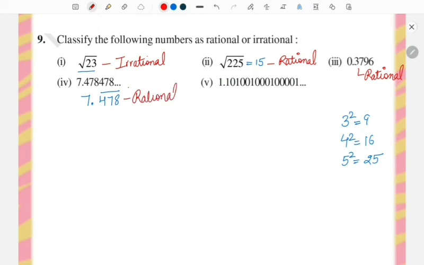So this is a rational number. Next we have 1.10100100. Can you see? Because there are dots, that means it is non-terminating. We have 10, then we have 100, 1000. There is no pattern, there is no repetition. So what kind of a number is this? It is non-terminating and non-recurring. Non-terminating, non-recurring is the decimal expansion of irrational numbers. So this is an irrational number.